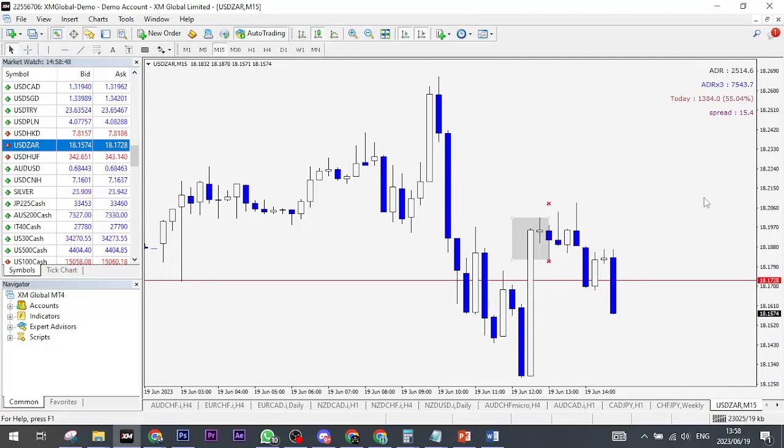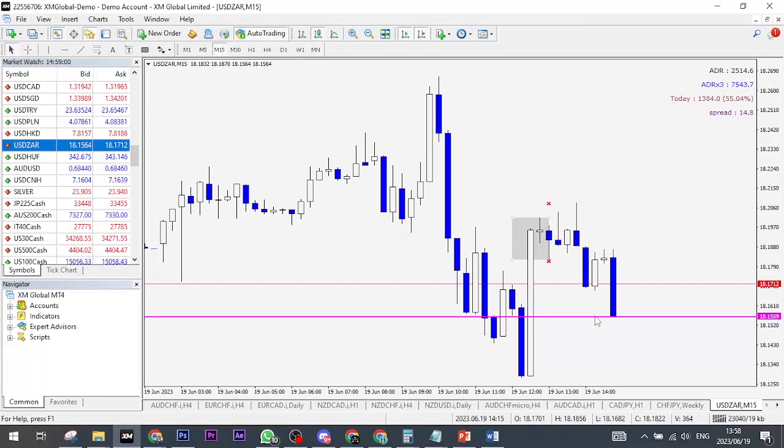If you take a look at the right, you will see prices of the USD ZAR currency. At the moment the current price is somewhere here at the start of this candlestick, which is 18.1559. That's roughly it when it comes to candlesticks.